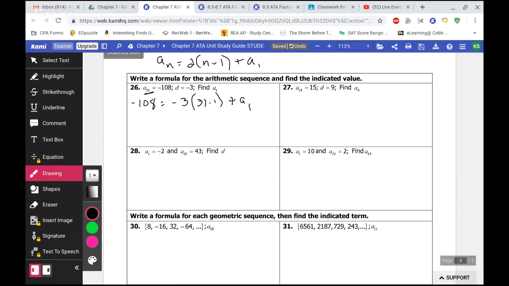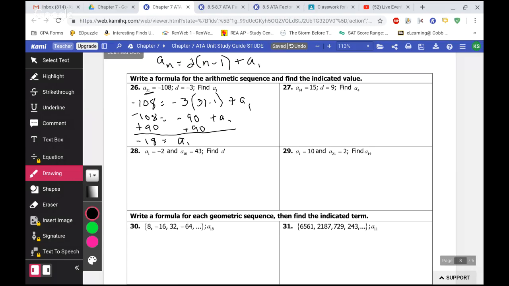So basically all we're doing is solving for the variable A1. We'll distribute: -3 times 30 is -90. Then we'll add 90 to both sides, and we get -18 equals A sub 1.